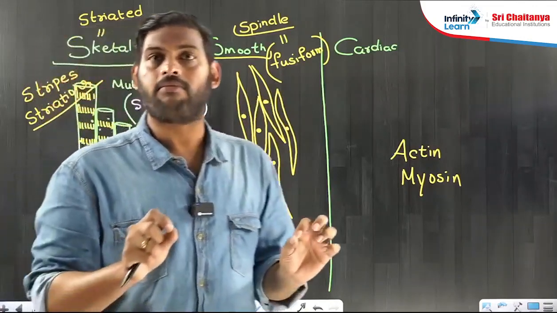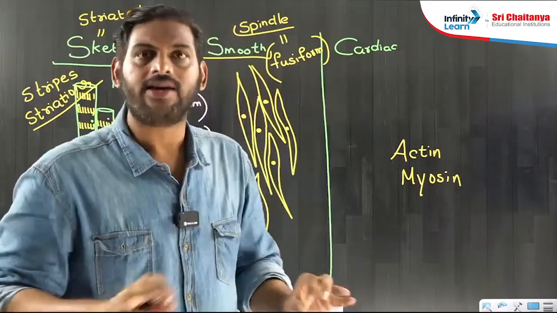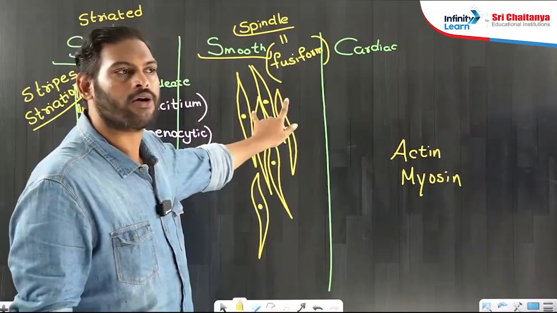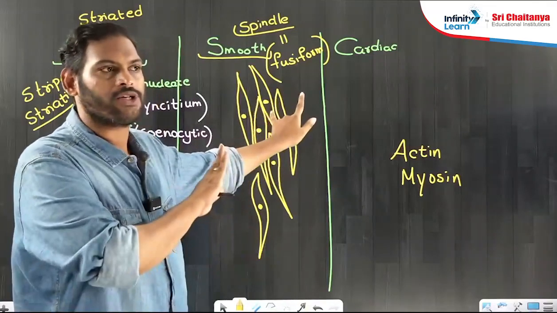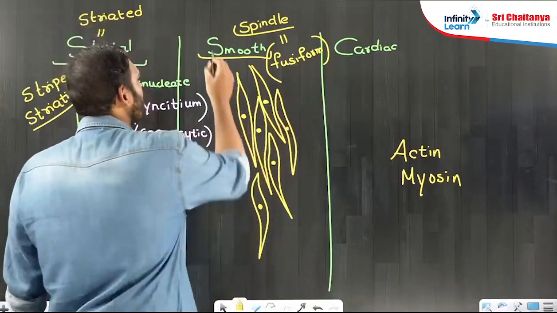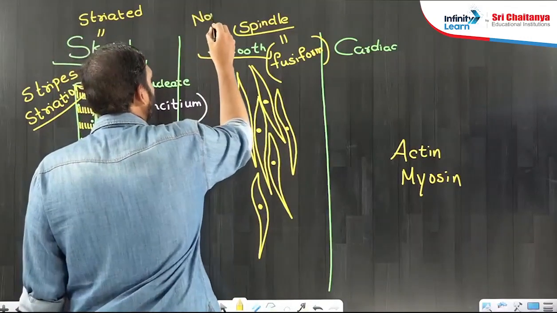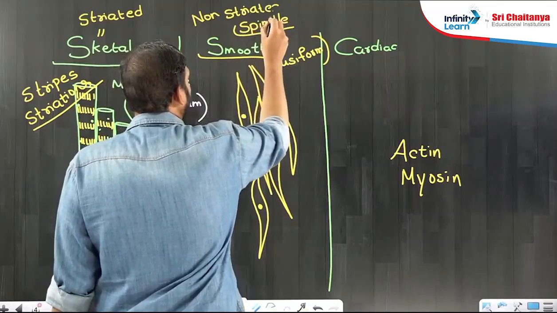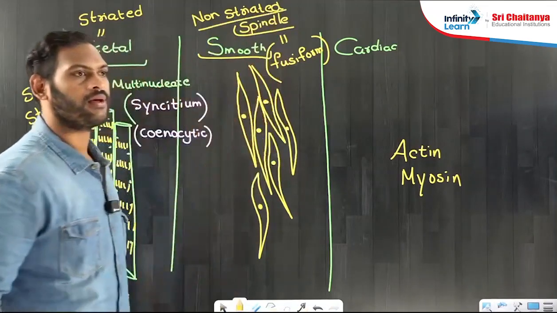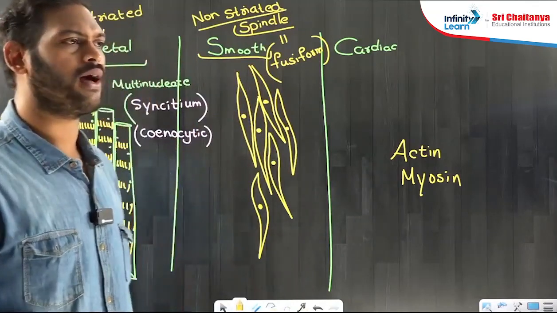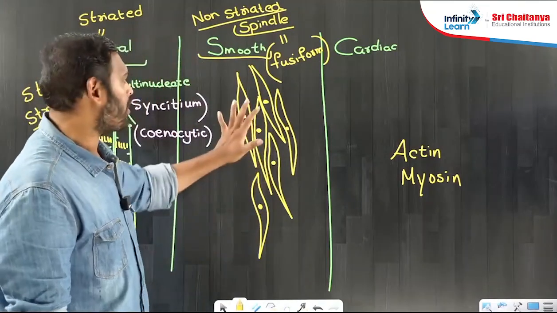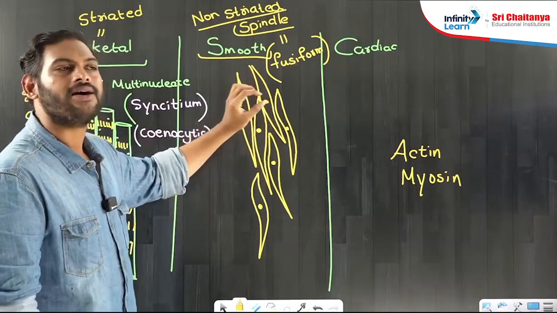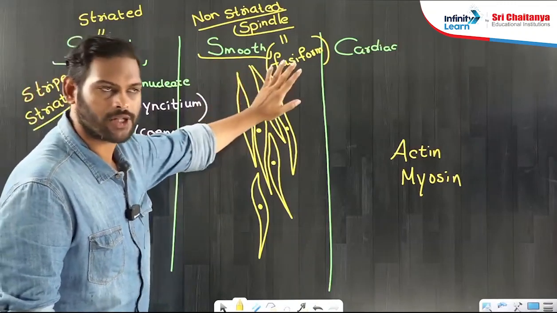Therefore, these are non-striated, non-striped. Is it clear till this point, guys? No striations in smooth muscles because actin and myosin are randomly, unevenly arranged. Done.